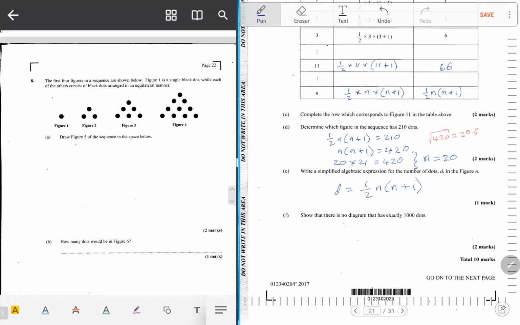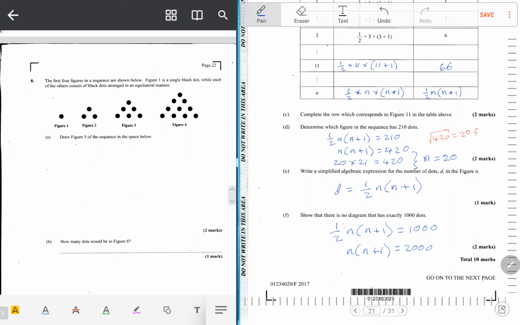All you have to do is put half n times n plus 1 equals 1,000. Now remember, n has to be a whole number. So you're trying to see if there's a whole number n that will satisfy this equation. This will reduce to n times n plus 1 equals 2,000.